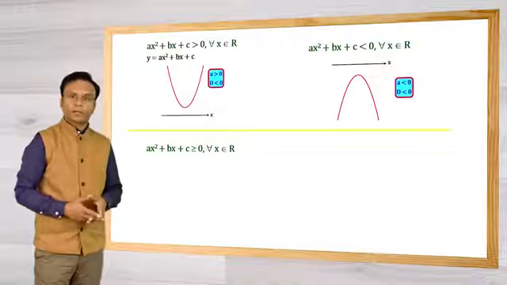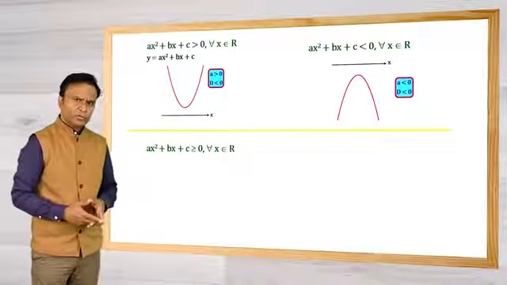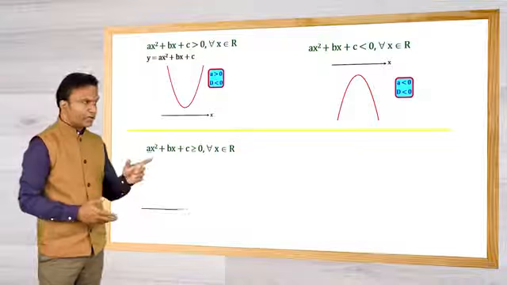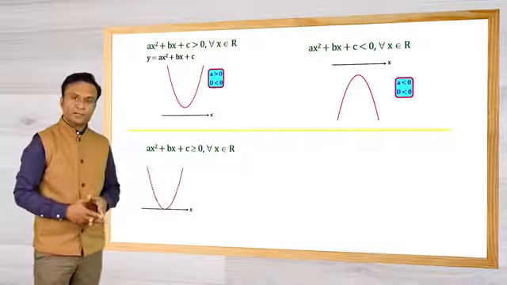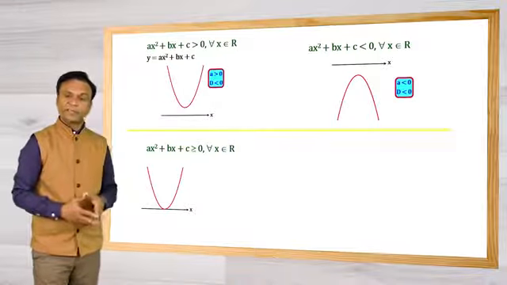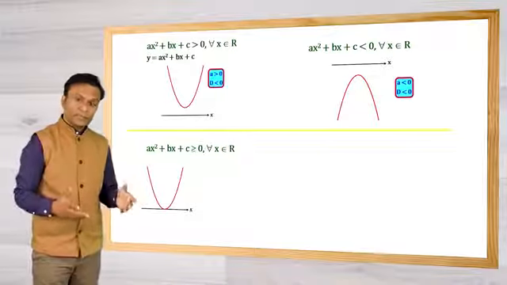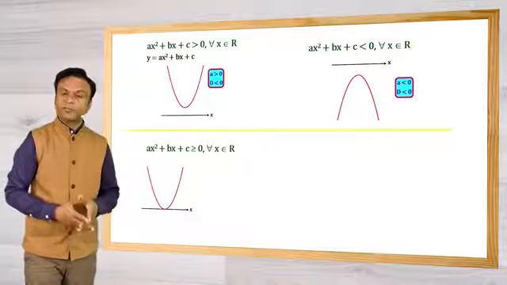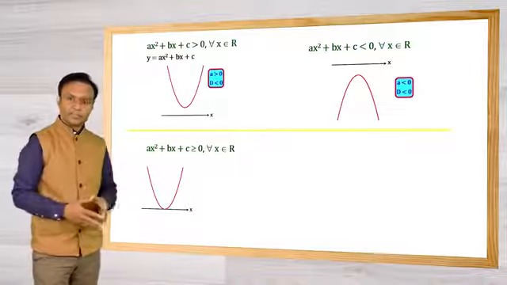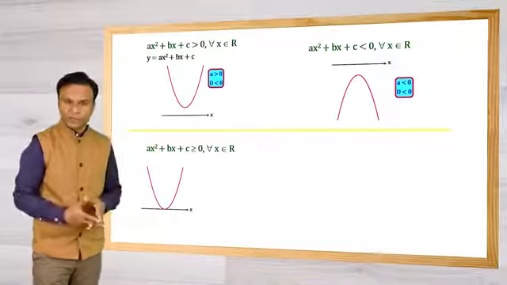Okay. Now I doubt you may have drawn only this graph, where the graph is touching the x-axis, because in this case ax square plus bx plus c is greater than or equal to 0 for all x belongs to R.